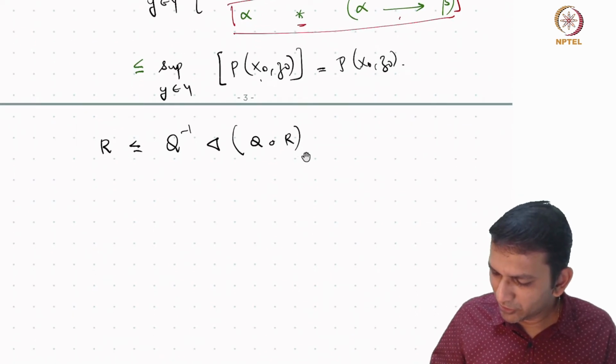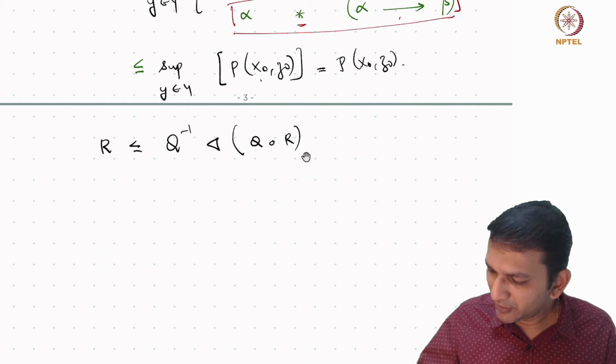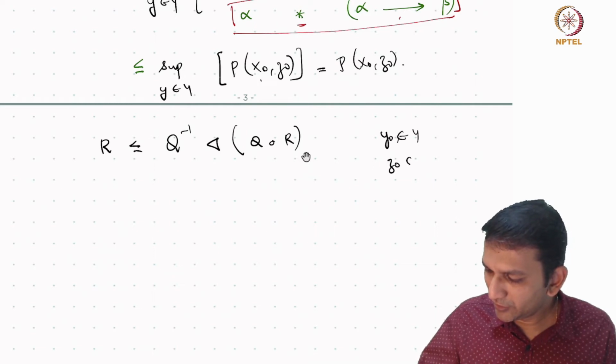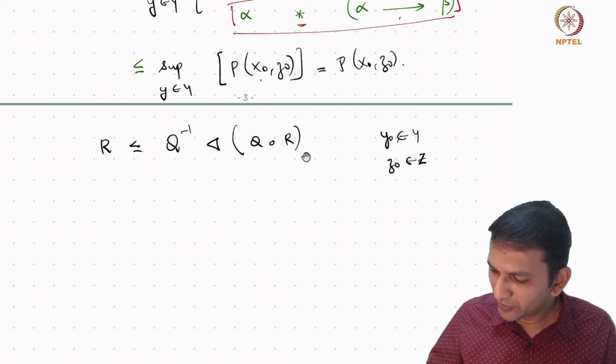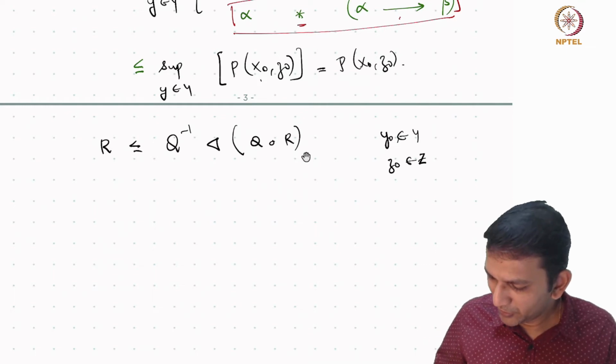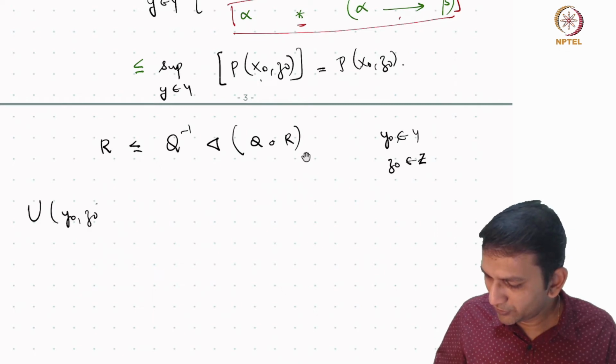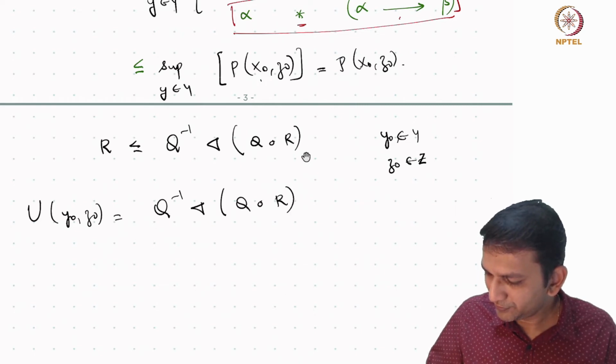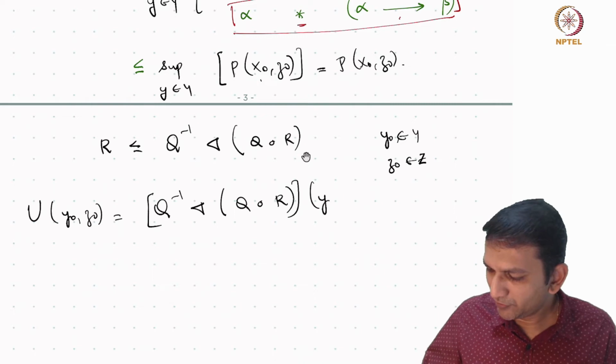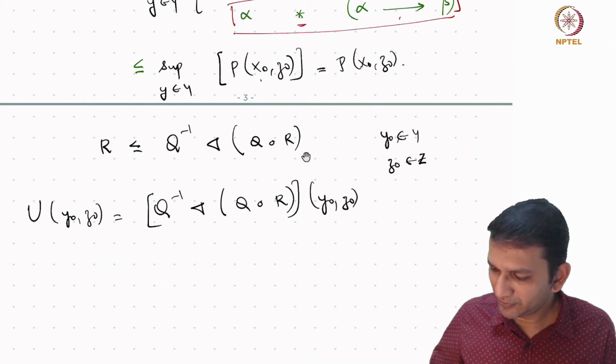So R acts on some arbitrary y0 element of Y and z0 element of Z. So now we have seen that the same thing happens here. Once again, let's look at U of (y0, z0) to be equal to Q inverse Q transpose at the point (y0, z0).